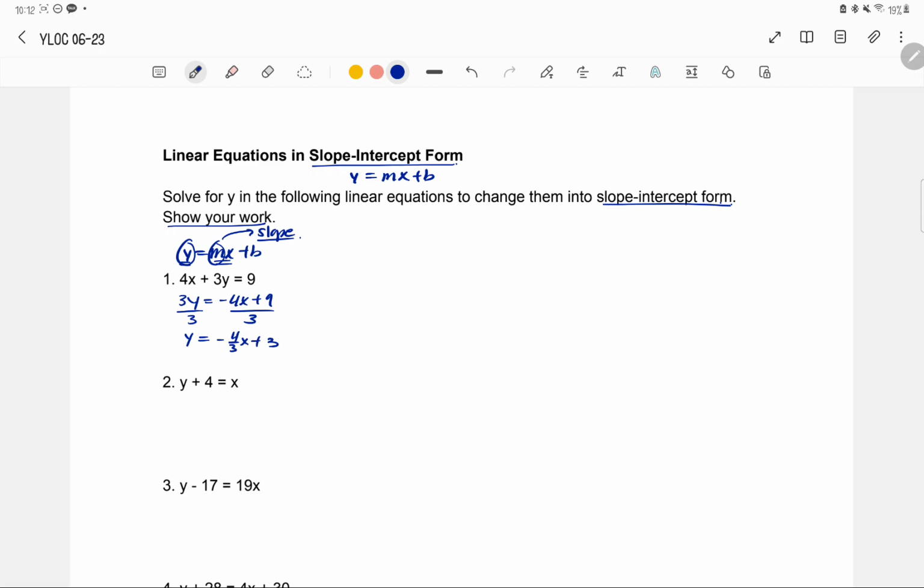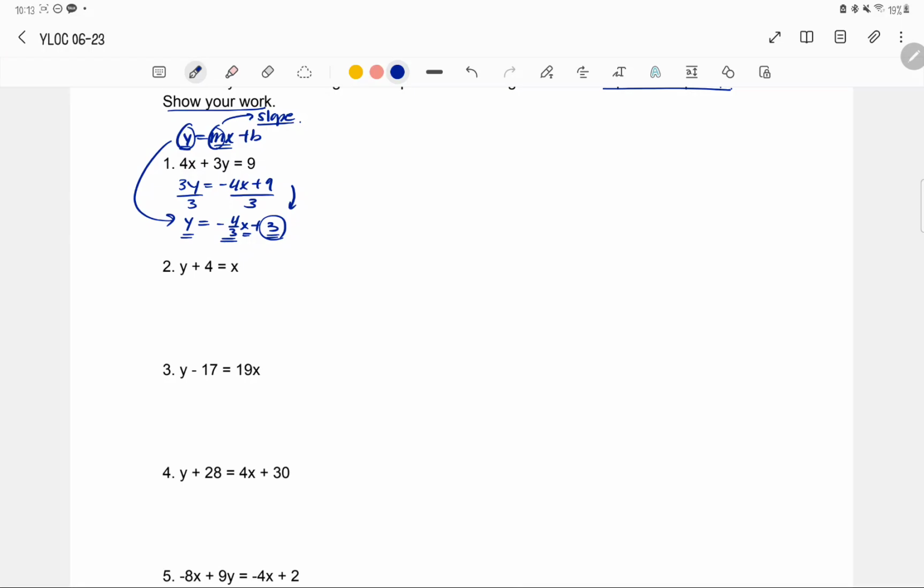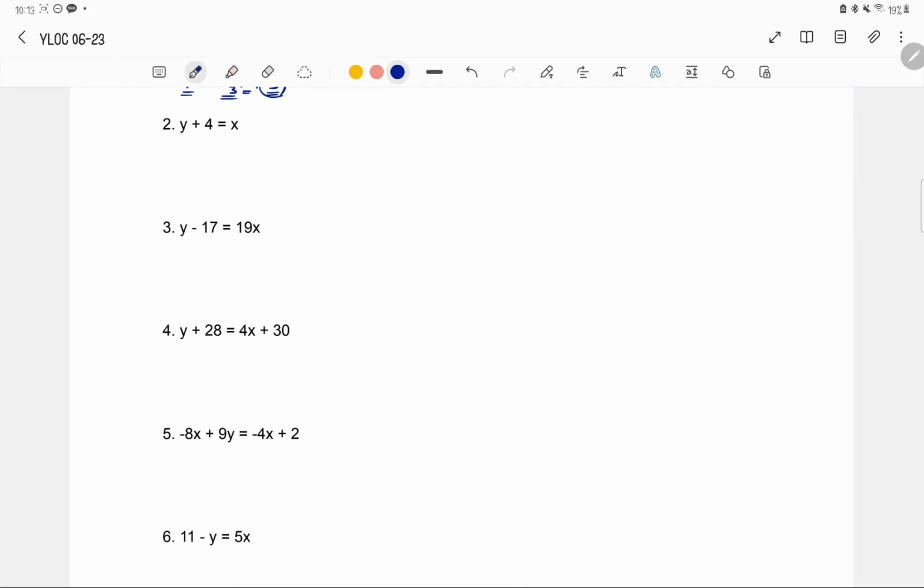So this is the answer for number 1. If you interpret this equation, with y by itself, negative 4 thirds is the slope, and x is right next to it by multiplication, and 3 is the constant, which is b. If you're actually graphing, it's the y-intercept.